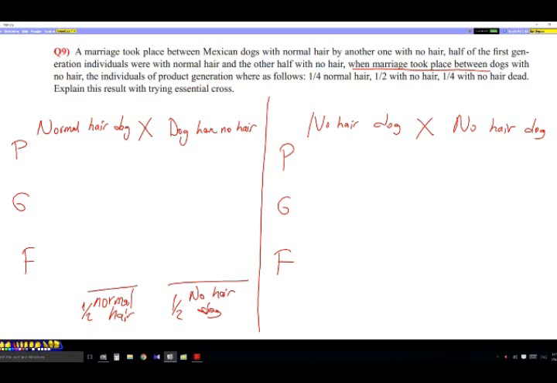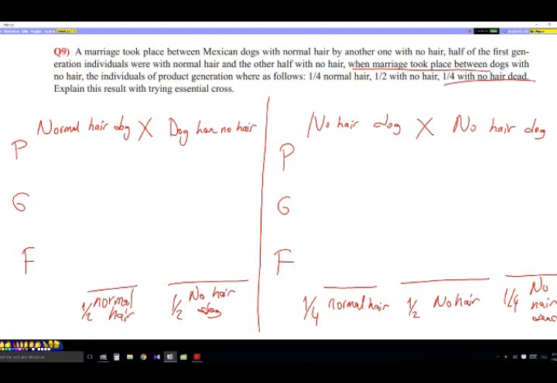The ratio of the filial generation: 1/4 normal hair, 1/2 no hair, and 1/4 no hair dead. So when we say no hair dead, we know it's a question about lethal alleles.